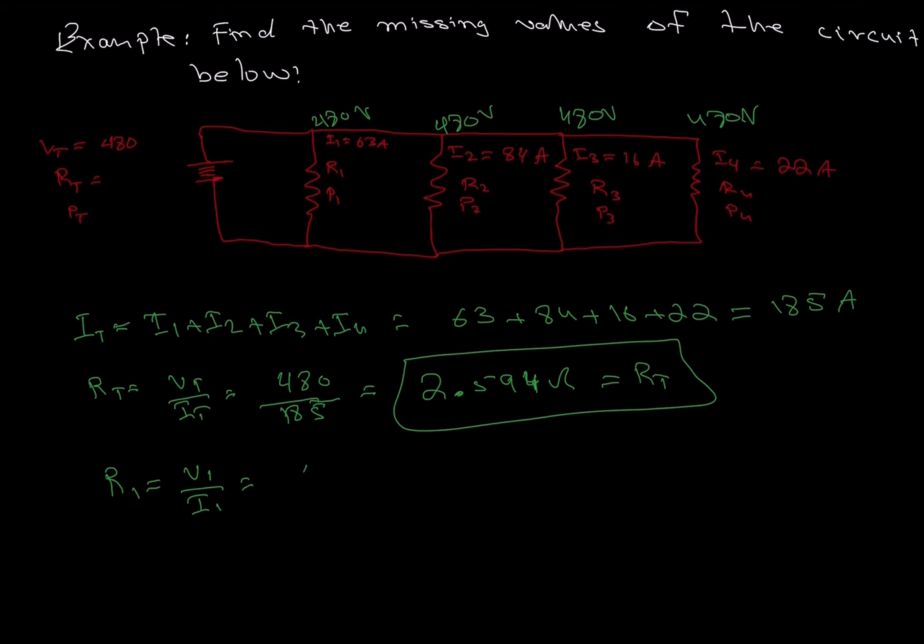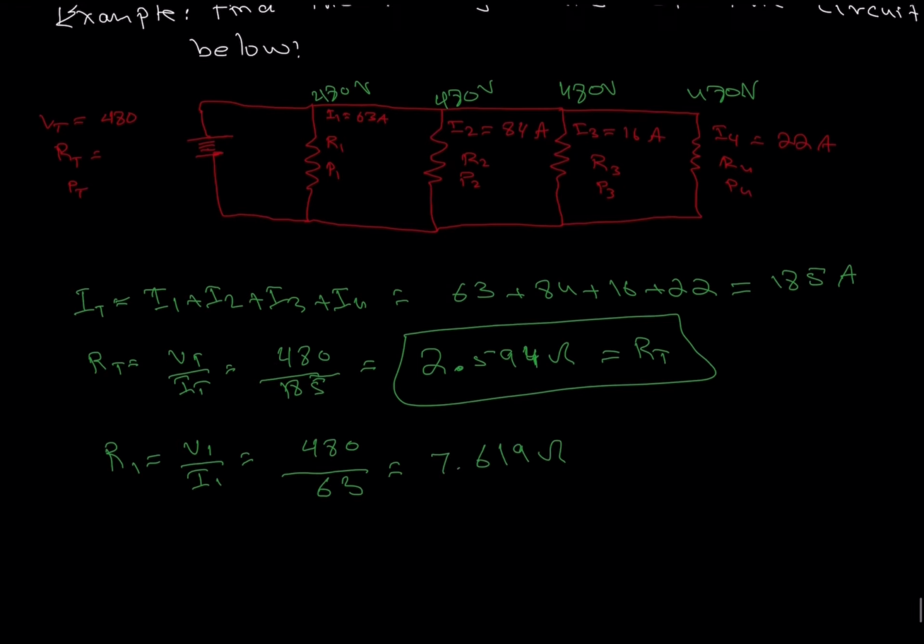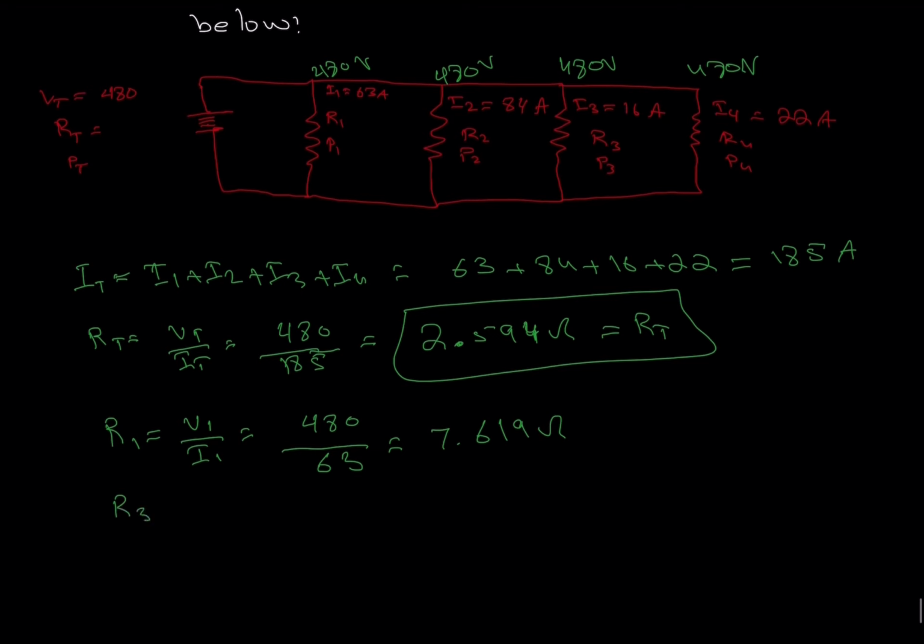So V1 is 480 divided by 63. That will give me 7.619 ohm.